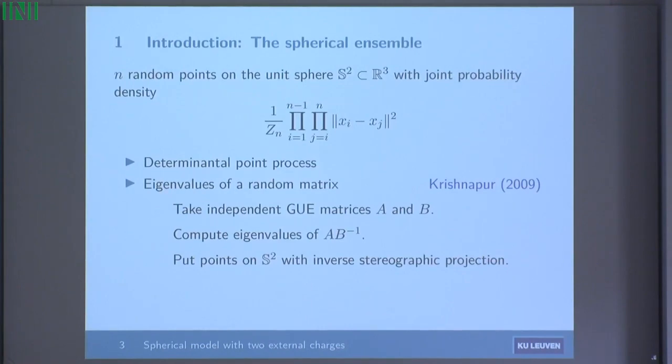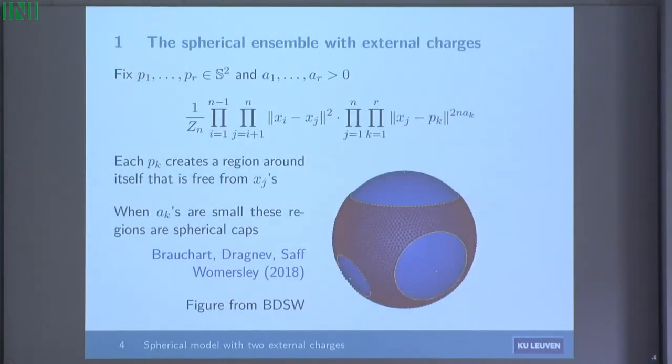Now what we want to do is to put some external charges on the sphere, which are large, fixed charges compared to the other charges, at certain locations. So here in this picture, there are three such external charges located at these three positions, and they also interact with the other charges in the same way.